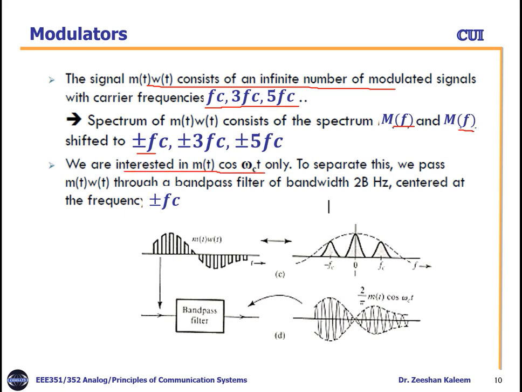To separate this, we pass it through a band pass filter of bandwidth 2B centered at plus or minus fc. So look at this. This was the plain signal m(t)w(t). After passing through the band pass filter, we will obtain (2/π) m(t) cos ωct. This is the desired signal which we want, by ignoring the higher frequency terms.